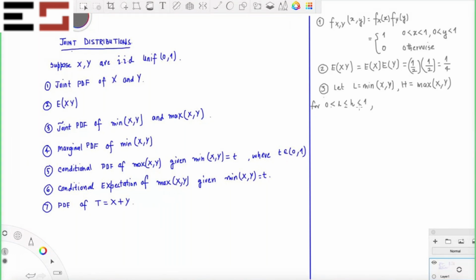The joint density will be positive over these values of L and H. The reason is because both L and H lie between 0 and 1, and the other thing is that L is always less than H. So I just have to find the joint CDF over these values of L and H, and then do the double derivative of that joint CDF.